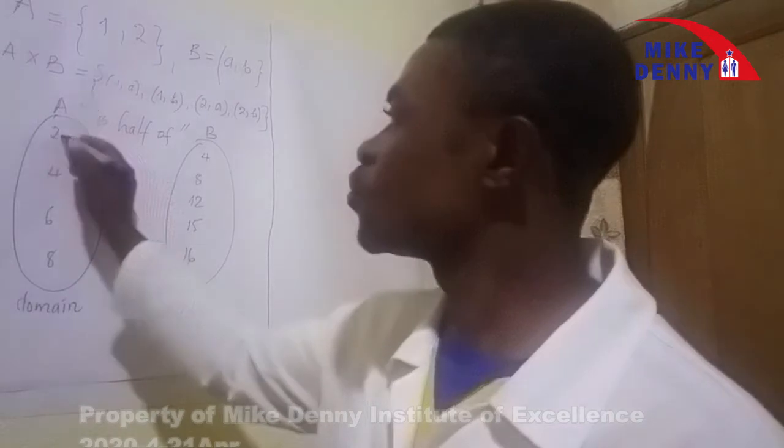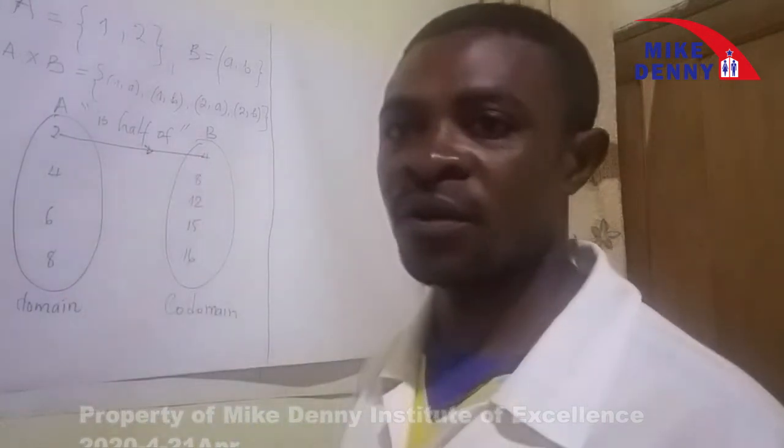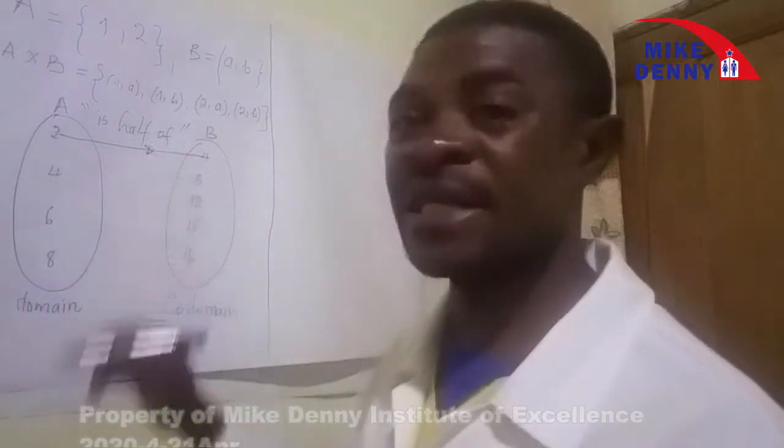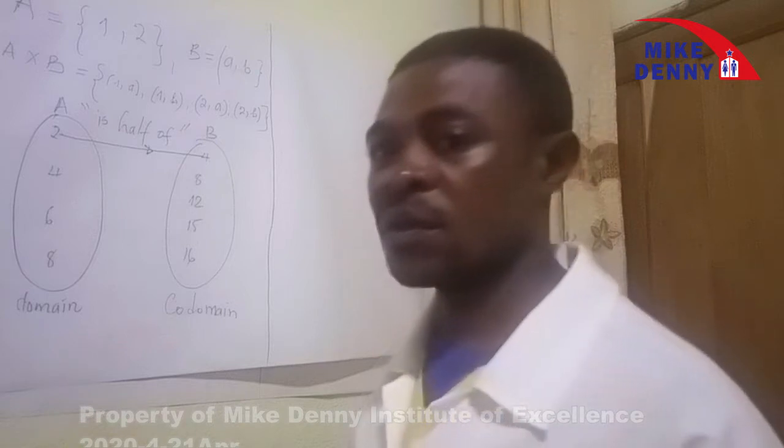We discovered 2 is half of 4. I'll link them up with an arrow. Look at the way I'm doing it. The arrowheads must be indicated very well to show that we are moving from set 1 to set 2.